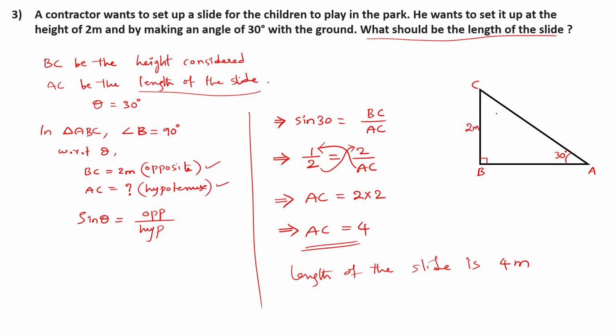So if we wanted to set up this slide at a height of 2 meters, the length of this slide must be exactly 4 meters. Then only the slide will be correctly arranged. This is the calculation. I hope you have understood. If you are understanding, please like the live session.